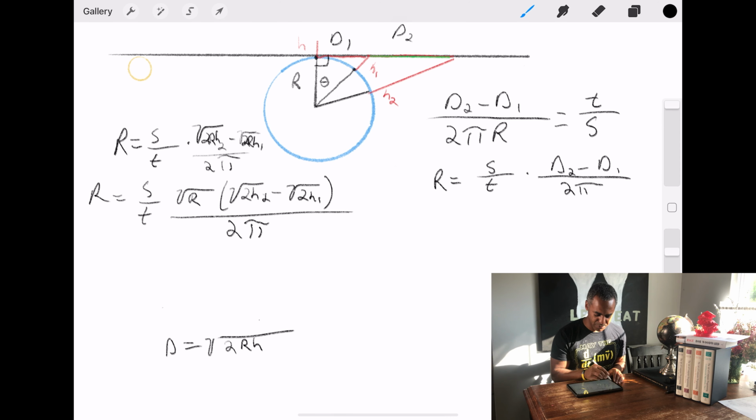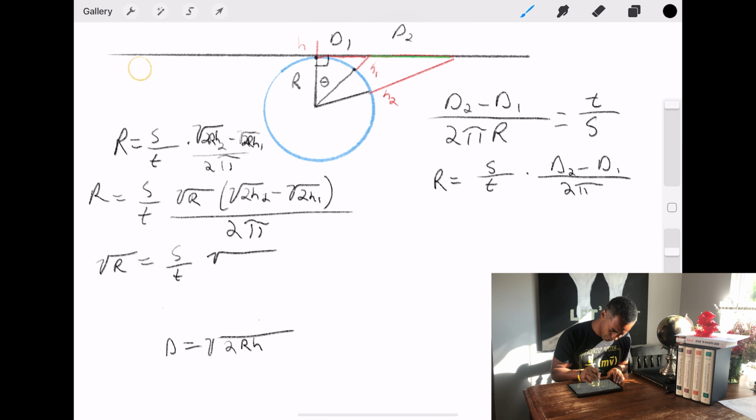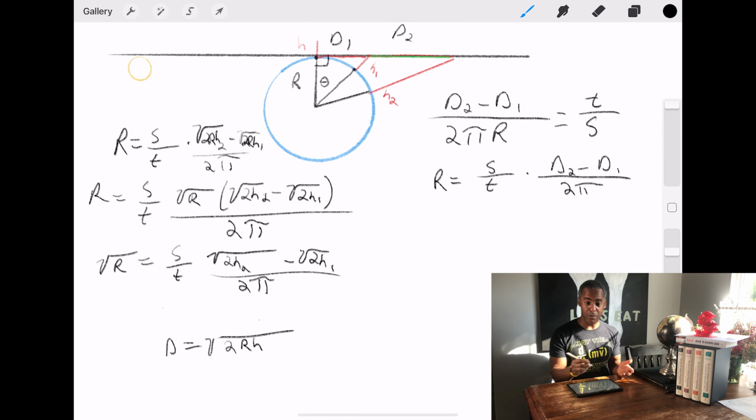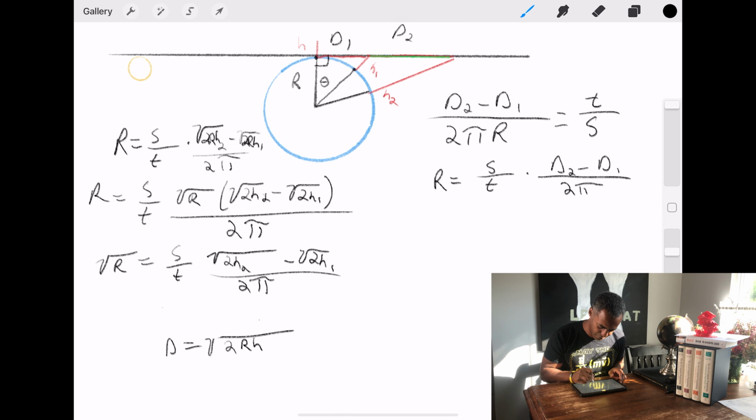And here we're going to divide both sides of the equation by the square root of r. So r divided by the square root of r is simply the square root of r. And here by dividing we get rid of that square root of r. So we have the square root of r equal to s over t times the square root of 2h2 minus the square root of 2h1, over 2 pi. And now we just square both sides to get our final result.